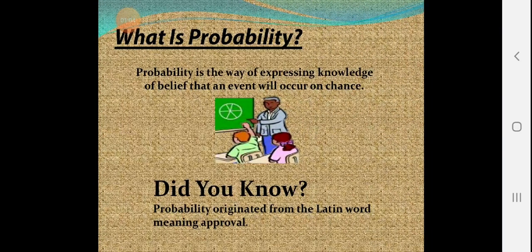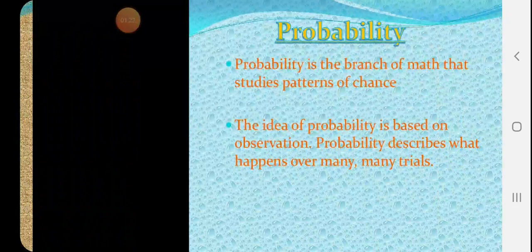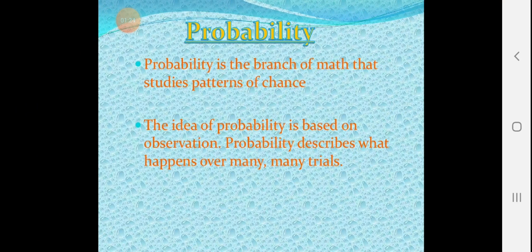Now, again, what is probability? Probability is the way of expressing knowledge or belief that an event will occur by chance. Did you know probability originated from a Latin word meaning approval? Now, probability is the branch of math that studies patterns of chance.